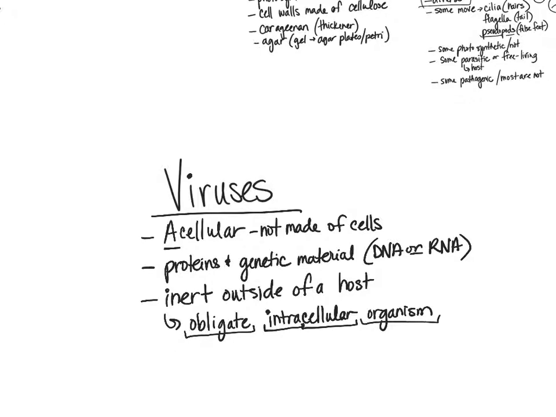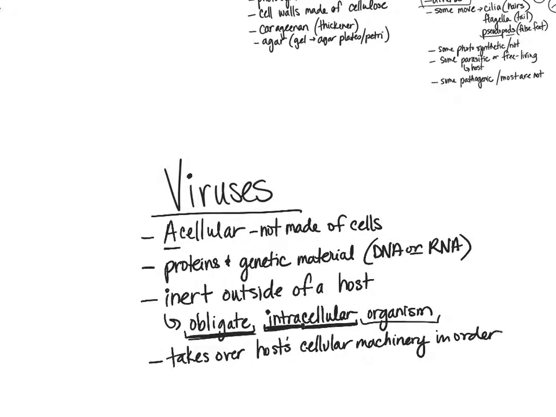So it's an organism that is obligated to live inside of a cell. So in order for it to exist, in order for it to continue living, I put that in quotes, it has to be inside of another organism, inside of a host. And that is because it takes over the host's cellular machinery in order to multiply.